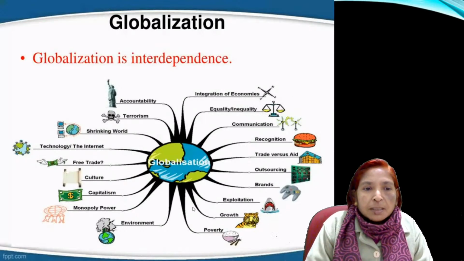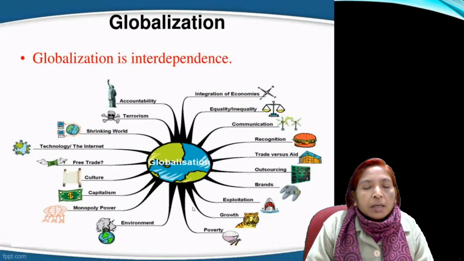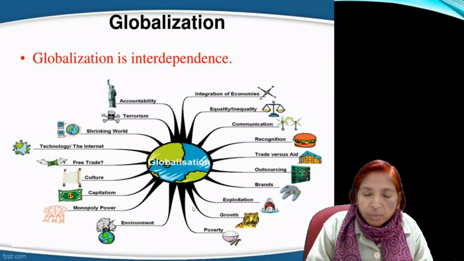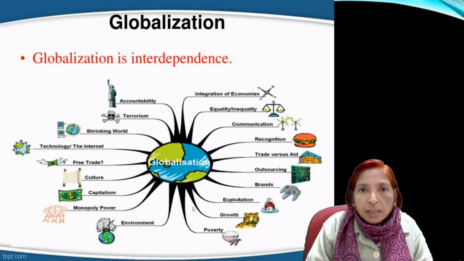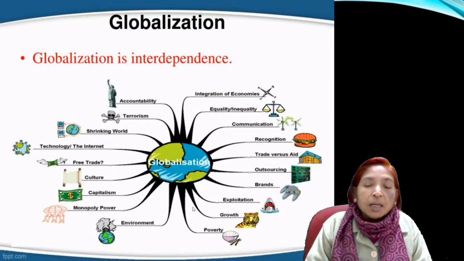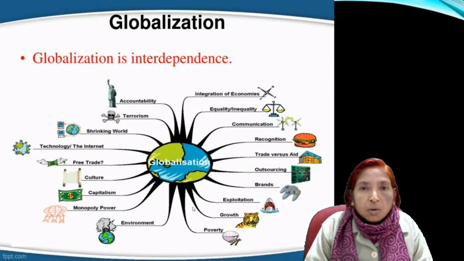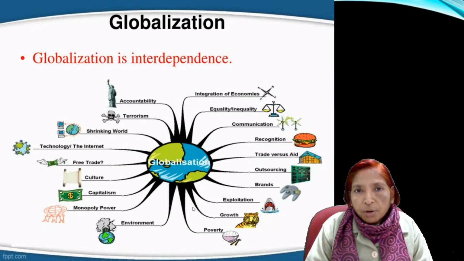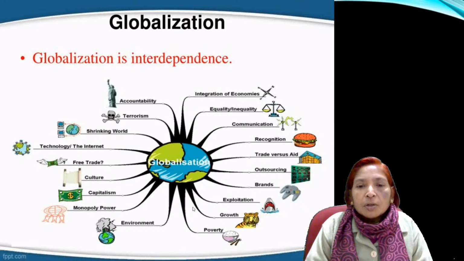So in globalization, all the economies are interdependent on each other. For example, there are different aspects, like accountability. First of all, globalization means integration of economies, or improving the integral relationship with the rest of the world. Next is that all over the world, some countries are very highly developed, some are least developed, and some are moderate or middle income group countries.